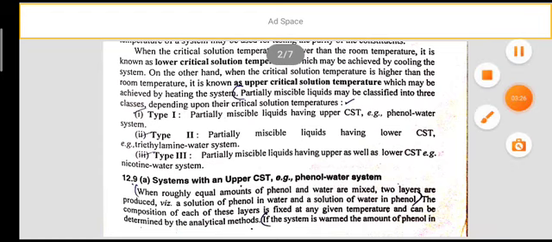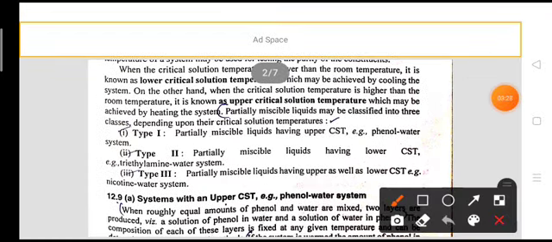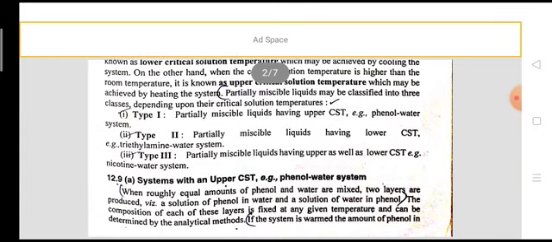So now I want to explain systems with an upper CST, that is the phenol water system. When roughly equal amounts of phenol and water are mixed, two layers are produced.